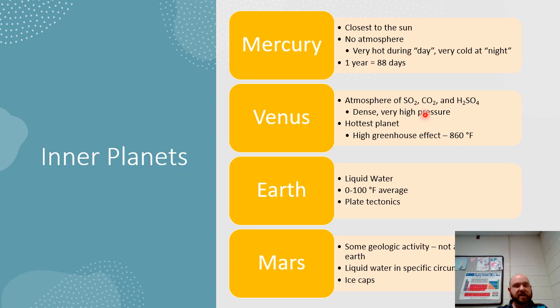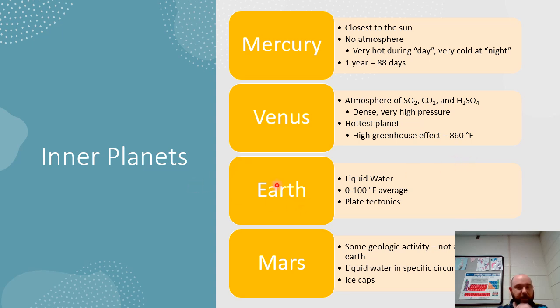It's a very dense atmosphere, very high pressure. And because of this, it has a high greenhouse effect. And just like the greenhouse effect that we talk about in climate change on planet Earth, Venus is a good example of this. All of this stuff compacted in Venus's atmosphere drives that greenhouse effect out of control. And so the temperatures on the surface of Venus are on average close to 860 degrees Fahrenheit.